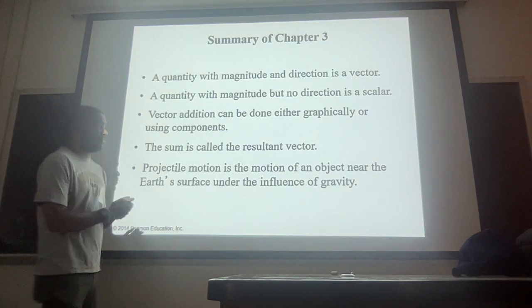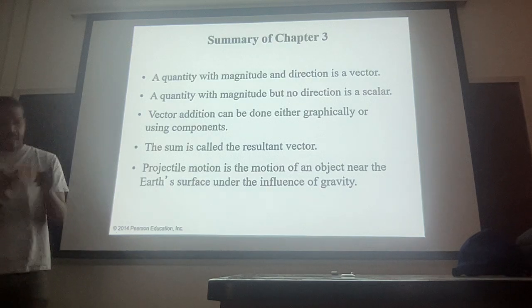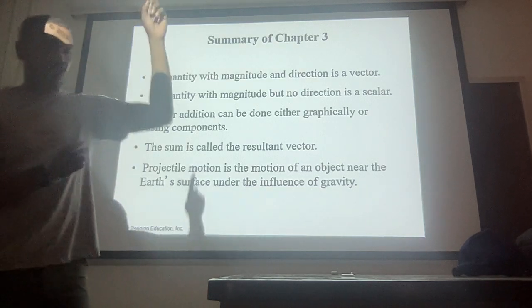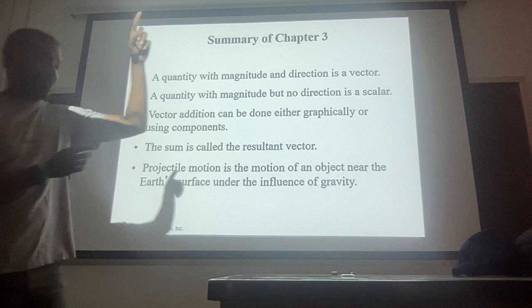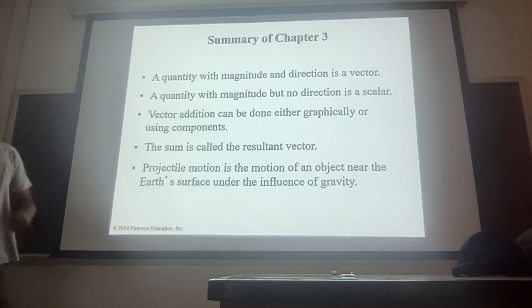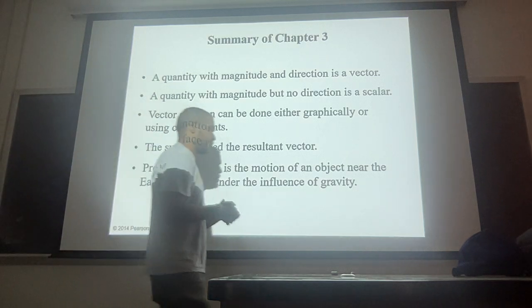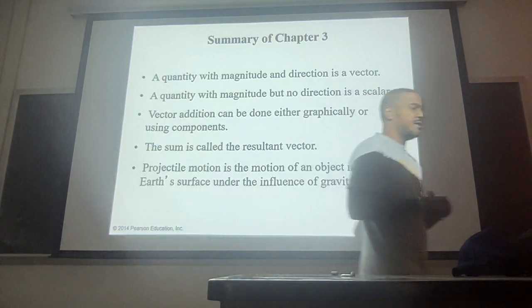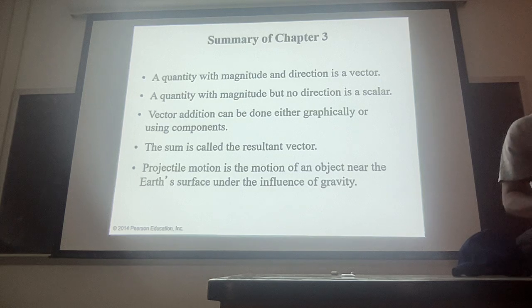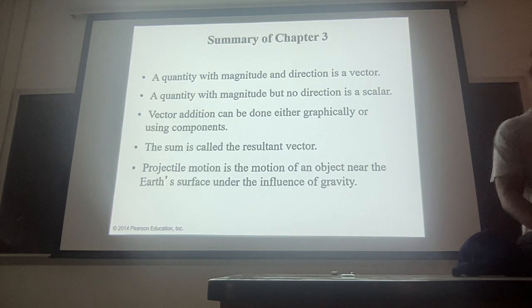That was V sub r, when we added V1 and V2 and got VR. And projectile motion is the motion of an object near the Earth's surface, and that's what causes it to move the way it does. And that's it.